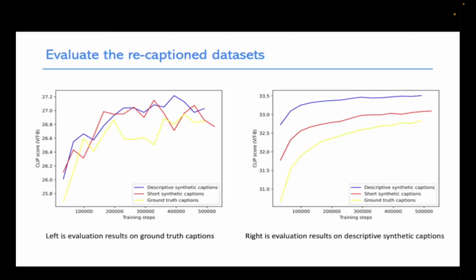Do I answer your question? Okay. Yeah, that's clear. Thank you. Just a quick follow-up. Sure. For these two, just checking my understanding here, the difference between left and right is the text embedding, right? Yes. The left one is the text embedding of ground truth. Yes. Okay.